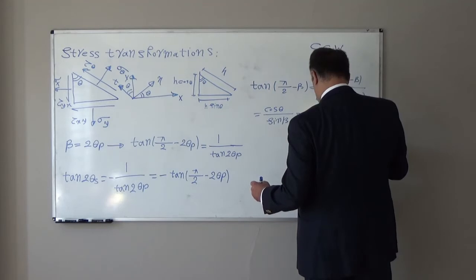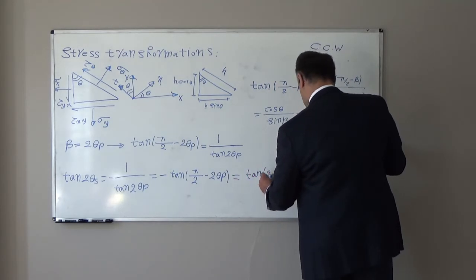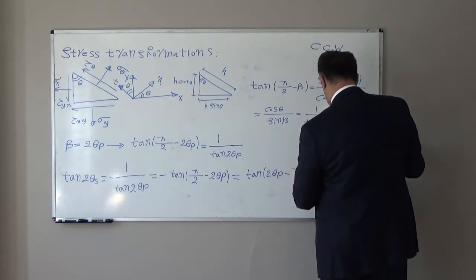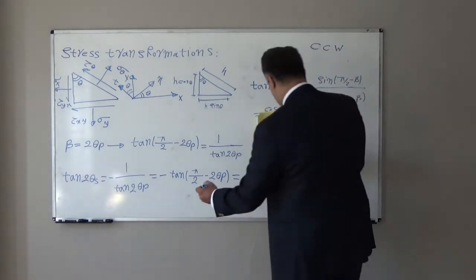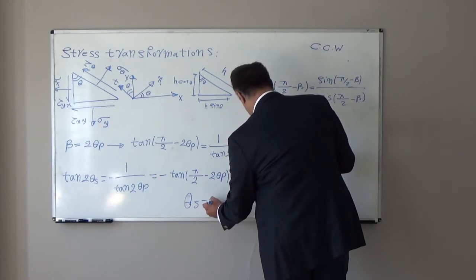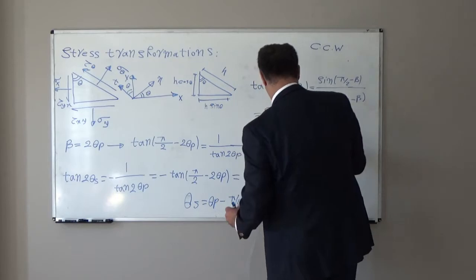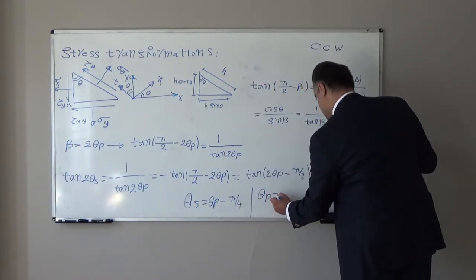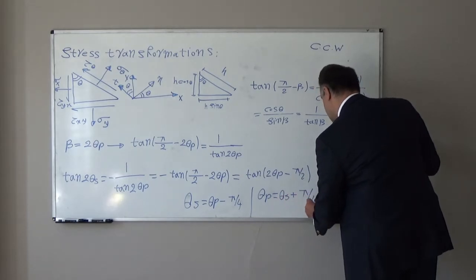This will be equal to tangent of 2 theta p minus pi over 2. Therefore, from here, we can find theta s is equal to theta p minus pi over 4. Or we can write theta p is equal to theta s plus pi over 4.